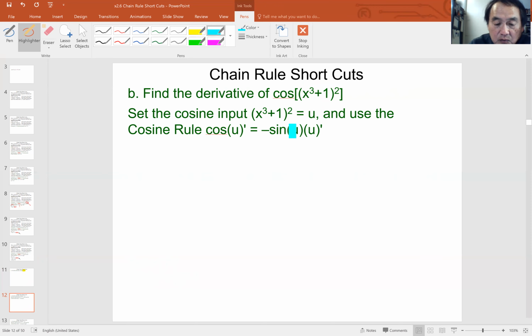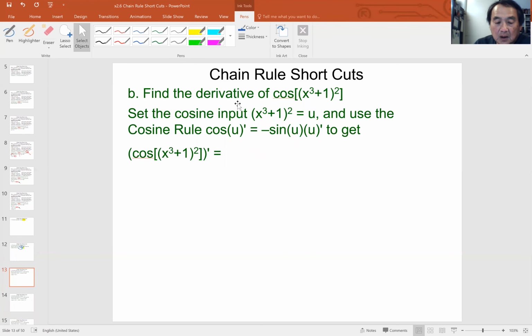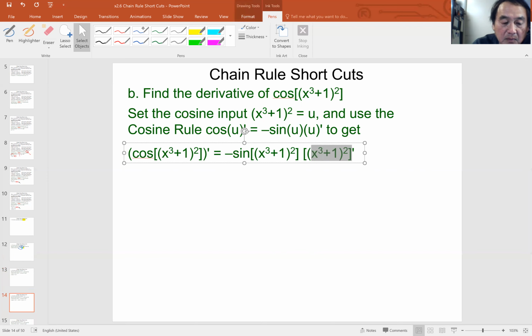Make sure you have these two things separate. The first u is the same as the original, in this case x cubed plus x squared. So that's going to be minus sine of u times u prime.